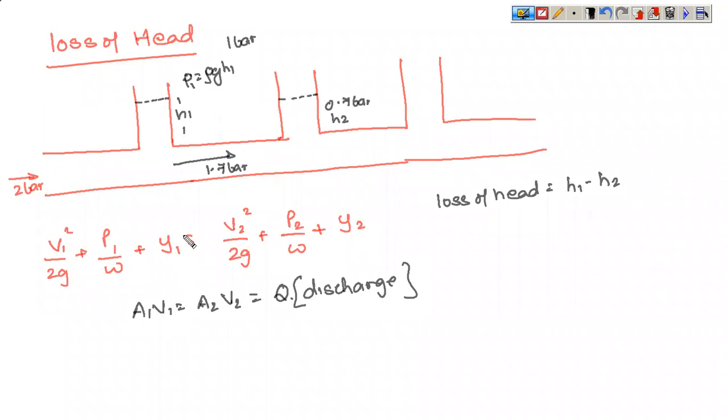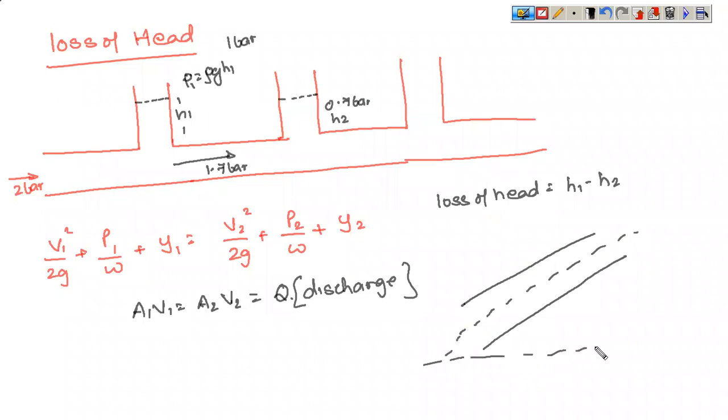Or maybe the fluid is flowing in this direction. Let us say this is a pipeline and this is your datum level. If the fluid is flowing like this, this is Y2, the final height, and this is 0. So due to change in height also, you can have a loss of pressure head.